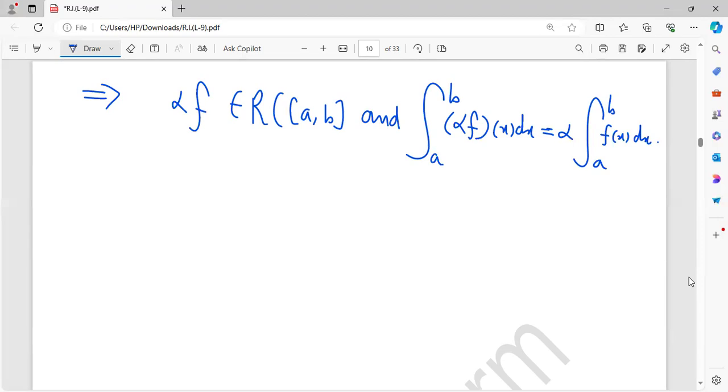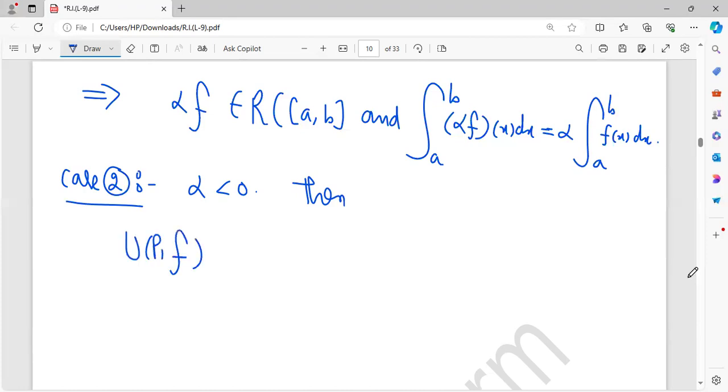Now we have proved it if alpha is greater than or equal to 0, but one case is remaining. Case 2: alpha is strictly less than 0. Then what will happen? In this case, what will be U(P, alpha f)?